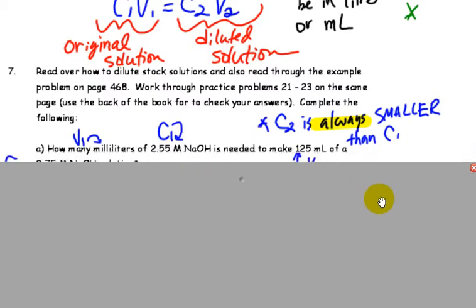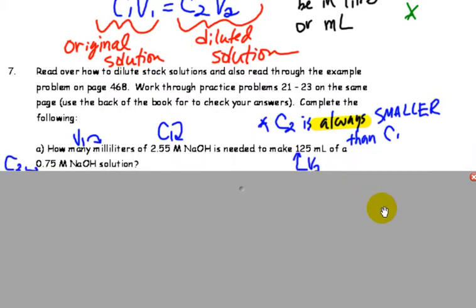Okay, so if we look at these, people usually tend to have a little bit of difficulty just interpreting the question here. If you think of finding the before and the after, you'll be one step ahead of everyone else. So the question here says, how many milliliters of a 2.55 molar NaOH solution is needed to make 125 mL of a 0.75 molar solution?